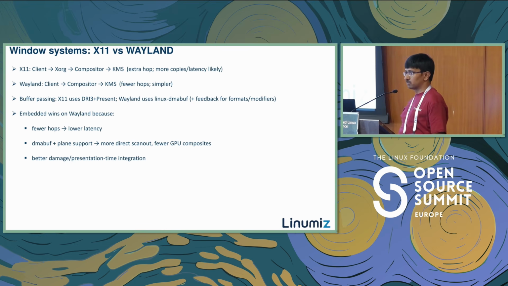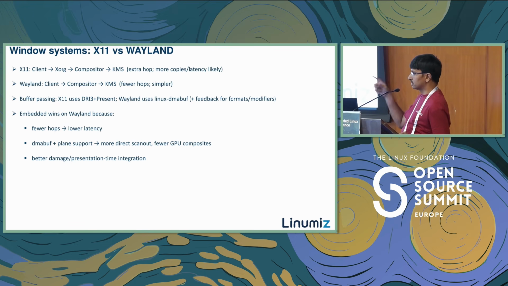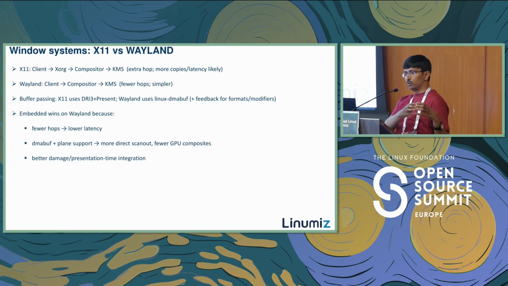One is X11, which is from very old days, and another one is Weston. And one prime difference which I always say is with X11, there is this X11 client which speaks with the display server, which is Xorg, and then the Xorg again composites based on multiple interfaces from multiple clients, and then the compositor decides into the KMS or DRM system to the low level.